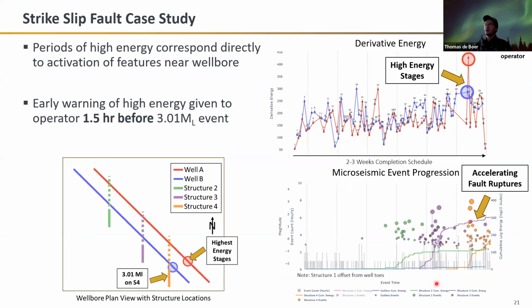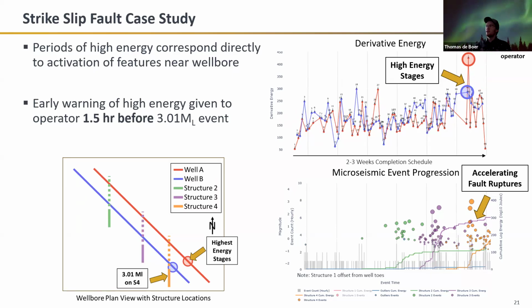So here again, looking at our derivative energy, the units are different here as we're operating in kilopascals instead of megapascals. But what we see is, as we complete during these various other fault structures, we see some interaction, especially with well B here, as it's closer to those fault structures.